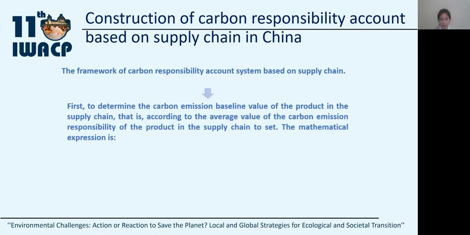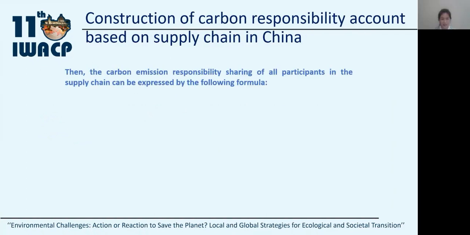The mathematical expression is as follows. Then the carbon emission responsibility sharing of all participants in the supply chain can be expressed by the following formula.